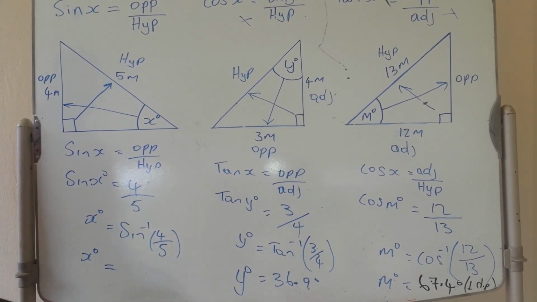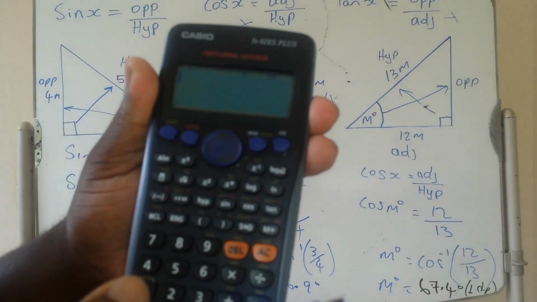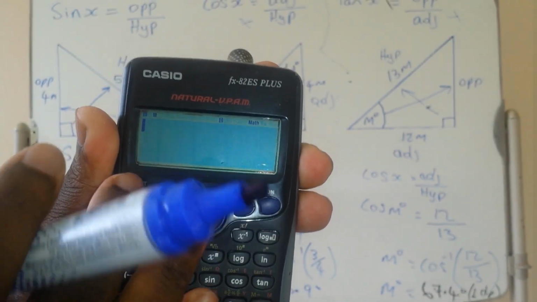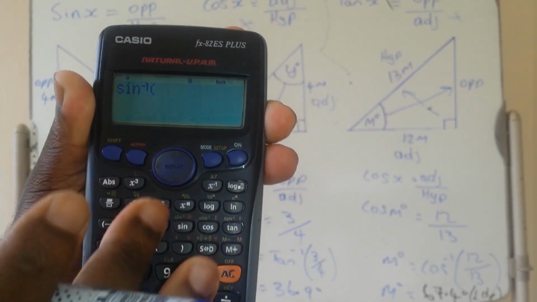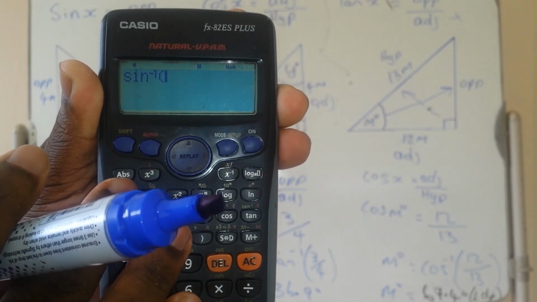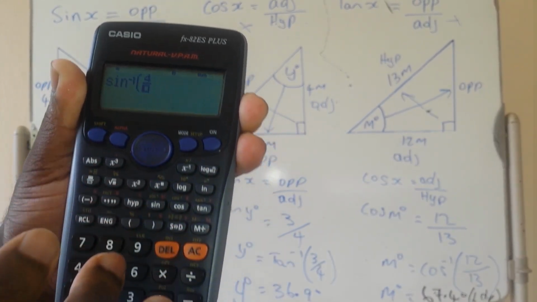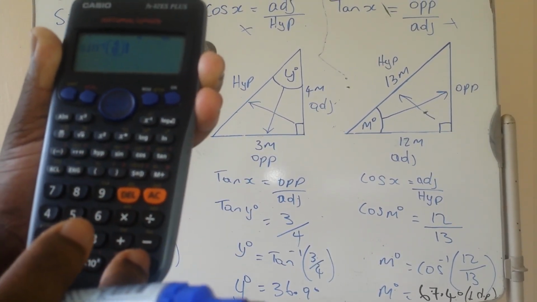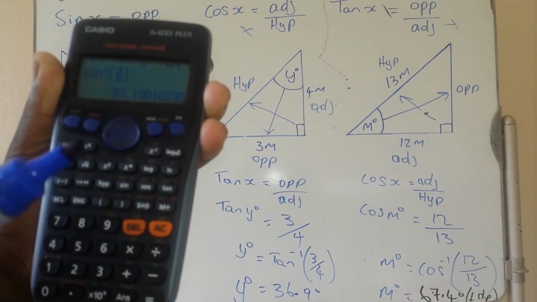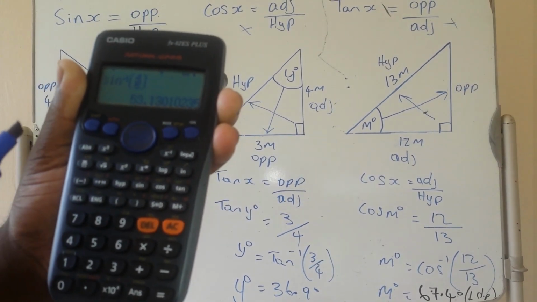So you're going to take your calculator. What you're going to do is press shift and then press SIN, and the sine inverse will come up. Select your fraction bar, and the fraction that we have is 4 over 5. Close your bracket and then press equal. So our answer is 53.13.